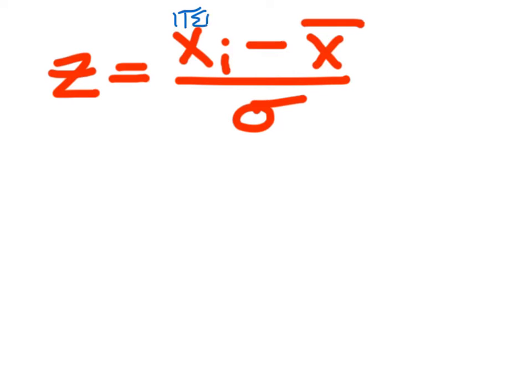This is the item, which would be a 5, like we chose from list 1 and list 2. X bar is a mean, and this notation here is standard deviation. So you need the item, the mean, and the standard deviation from each of those lists that we have.